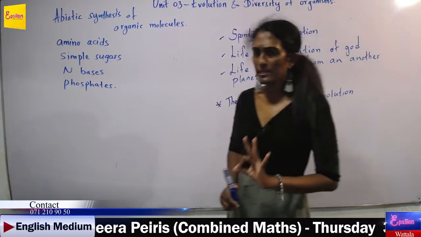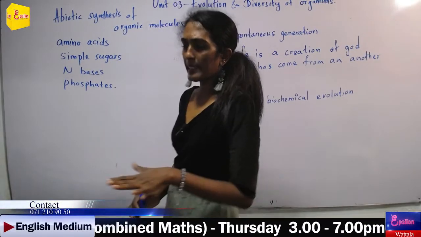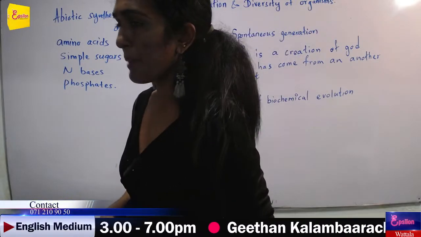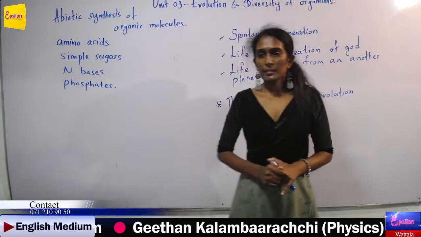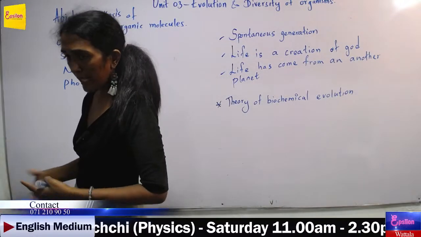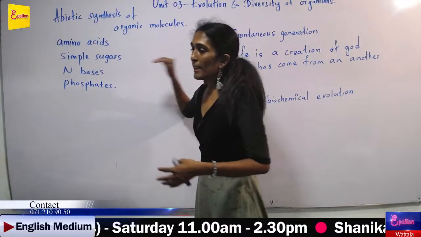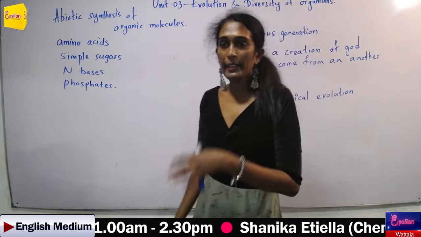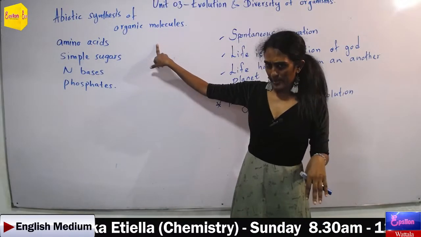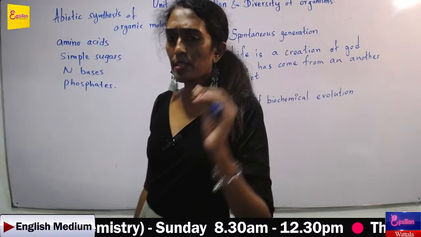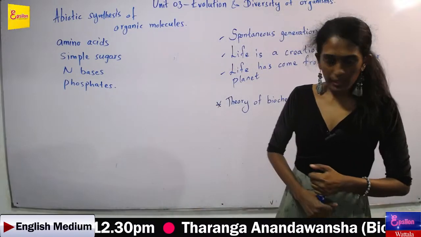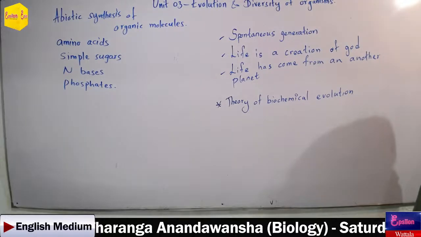Do you have any idea what it is? Yes or no? Think that a cat is giving birth to a baby cat. Is that abiotic or biotic? It's biotic synthesis. A living being giving rise to another living being. In this case, using these gases such as nitrogen dioxide, carbon dioxide, ammonia, methane, water vapor, you are synthesizing organic molecules. That is called abiotic synthesis. You are starting from inorganic compounds to form organic molecules. Understood now? Right. Let's go to the questions now.